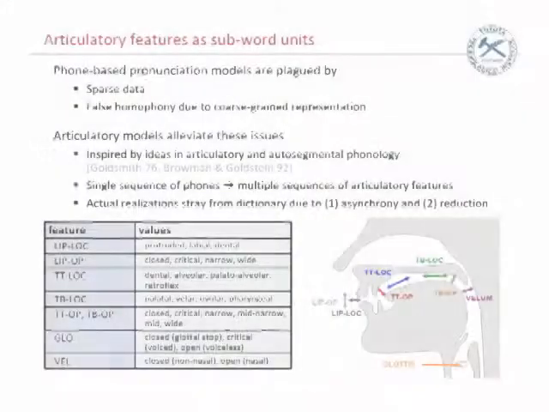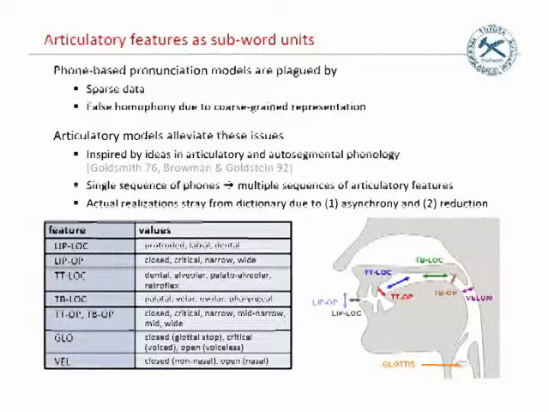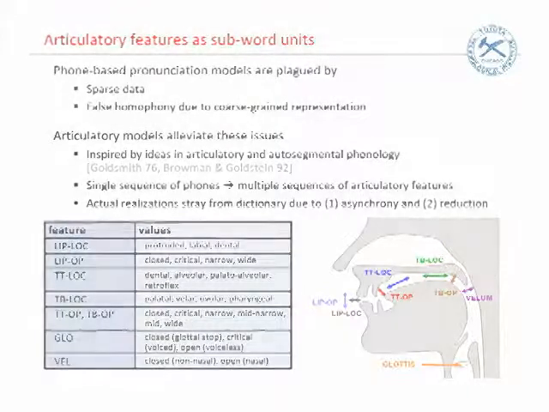And to make it concrete, the particular articulatory feature set that I'll be using is based on the one in articulatory phonology. Without going into too much detail, it's based on the locations and constriction degrees of different articulators. So the lips, the tongue tip, and the tongue body. And then the glottis, or the vocal cord state.